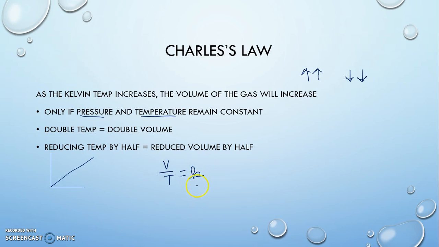Again, you guys love this constant thing, don't you? Let's see if we can set this up with initial and final temperatures and initial and final volumes. Well, we can do the same thing. So V1 over T1 is equal to V2 over T2. Then we can use this to solve problems, right?